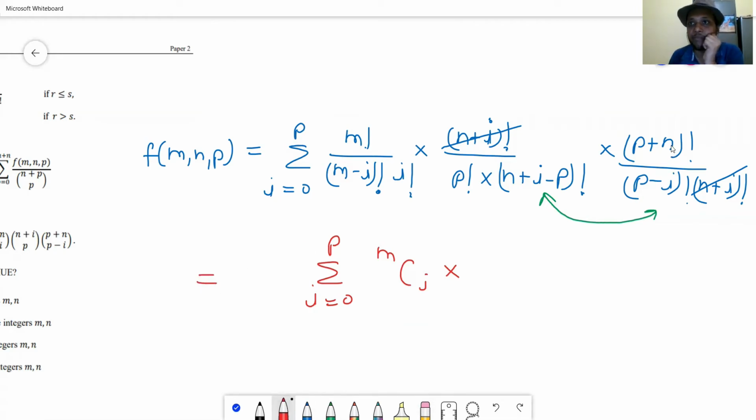I am putting (p plus n) factorial upon p factorial outside, because there's no i involved, so they are not taking part in the summation. They are just constants, multiplied in every term of the summation. We have mCi, and if we multiply n factorial, am I right?